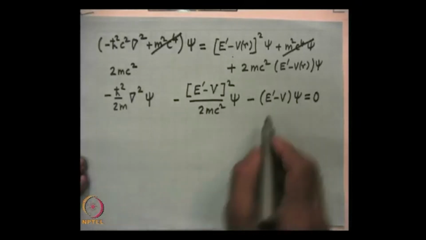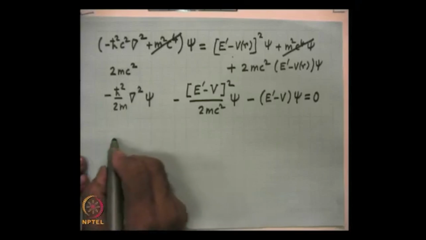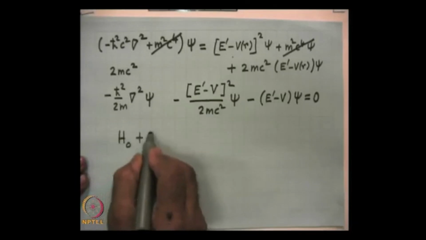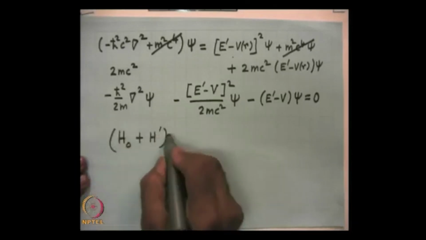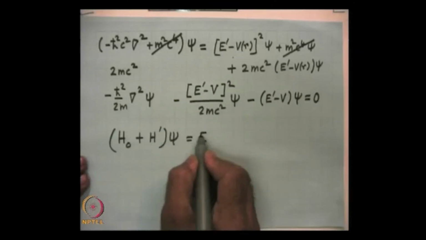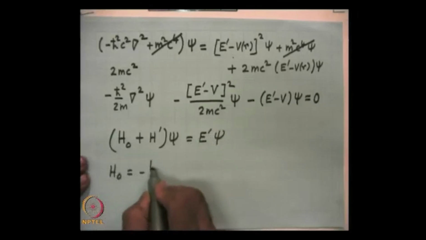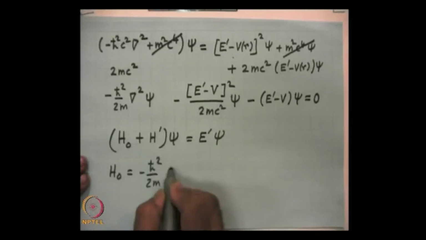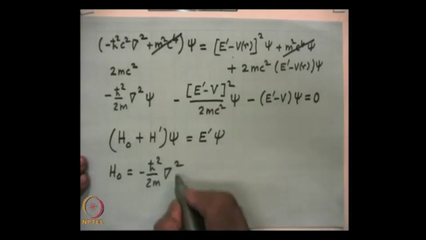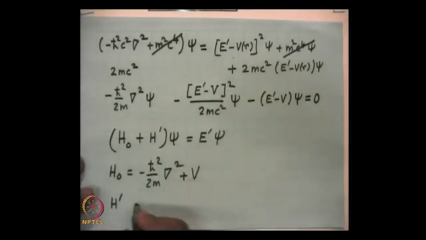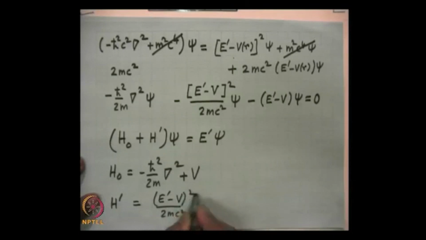So I rewrite this, taking the E prime on the other side. I can write this as H naught plus H prime psi is equal to E prime psi, where H naught is minus h cross square by 2 m del square plus V, and H prime is this whole term, that is minus E prime minus V by 2 m c square whole square.